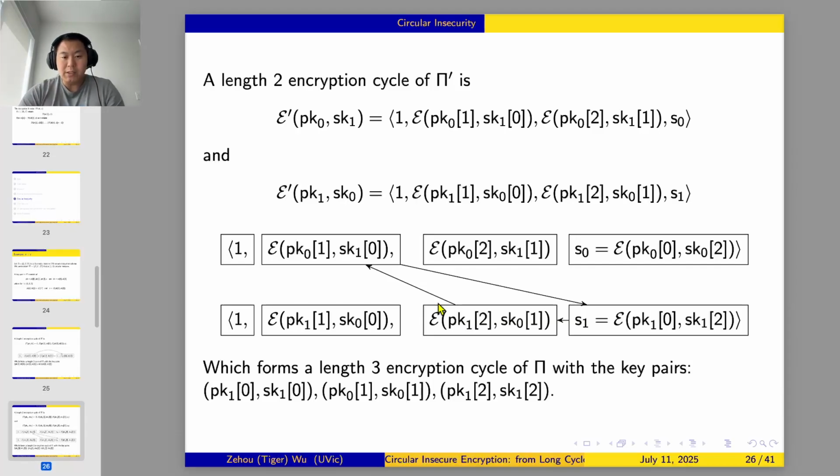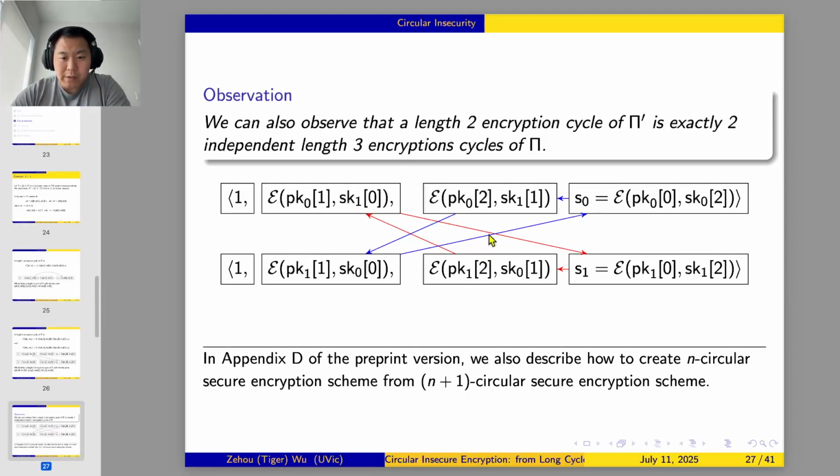You may notice that this is not the only length 3 encryption cycle in this figure. In fact, we can find another one. If you follow the red arrows, this is the length 3 encryption cycle we showed in the last slide.